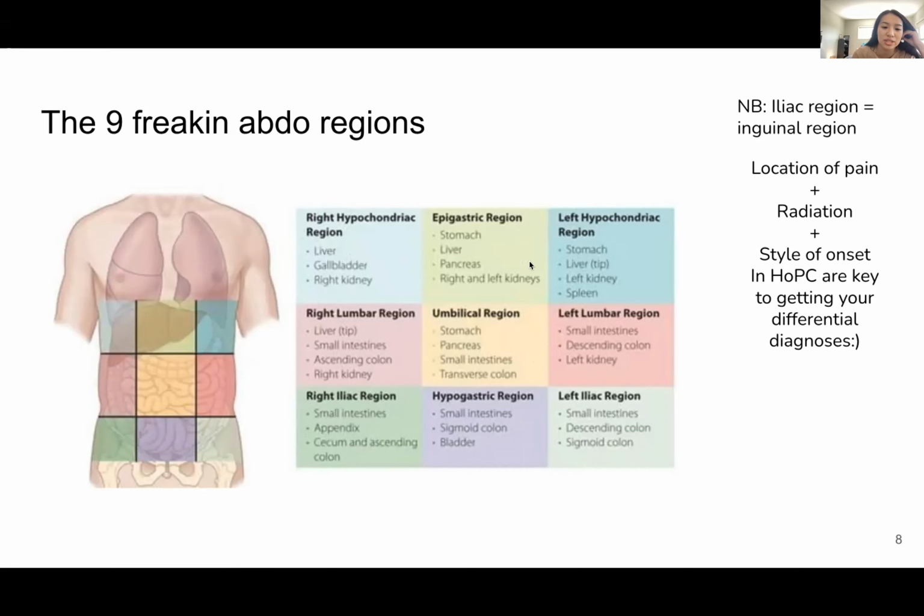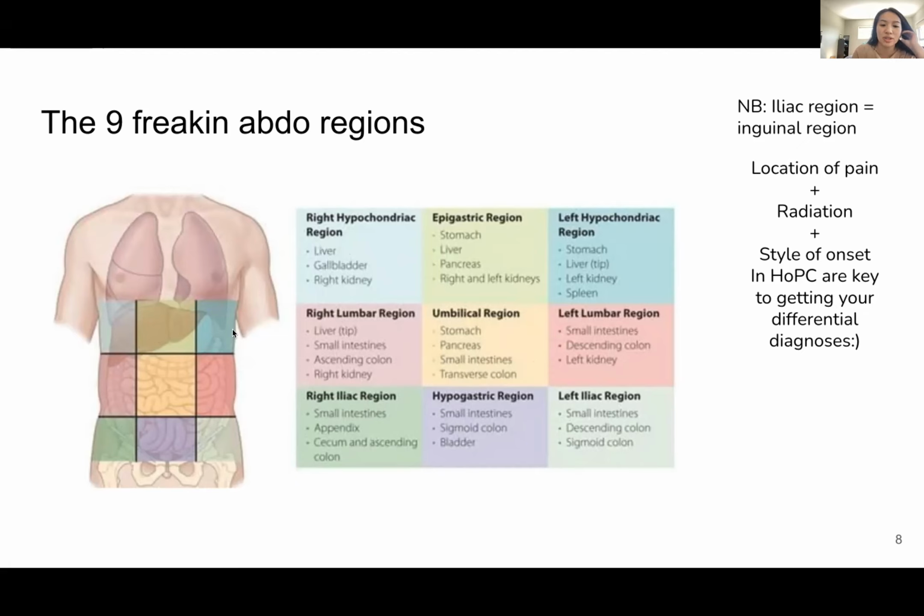You need to understand what anatomy lies underneath the abdominal wall. On the right side, most commonly it'll be a gallbladder problem, and it could be a liver problem as well. In the middle, the epigastric region, you've got stomach and esophageal problems, and less commonly pancreatic problems, so pancreatitis or something like that.